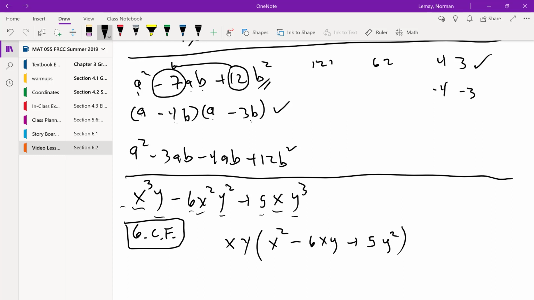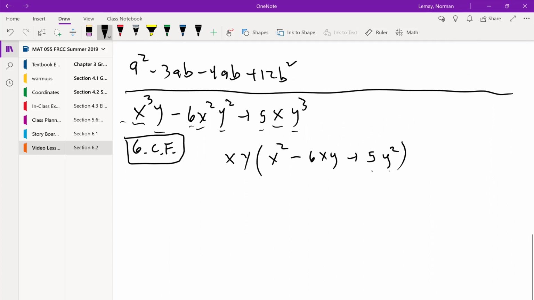And notice that this one, I have two variables, but I have the double variable just like I did here. I've got a leading term of 1 and it's squared, and notice I have a number and a squared, a number and a squared. So that means that I can come over here, write down my xy, and I'm just going to write down double brackets, put an x here and a y here, an x here and a y here.